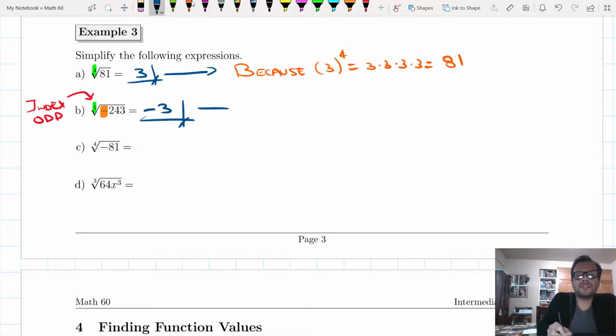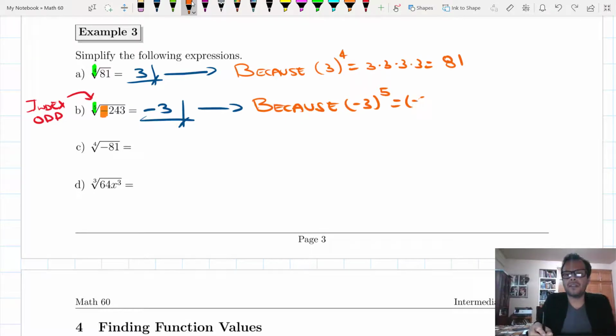So negative 3 is the final answer, and this is because negative 3 to the fifth power equals negative 3 times negative 3 times negative 3, five times, which equals negative 243.